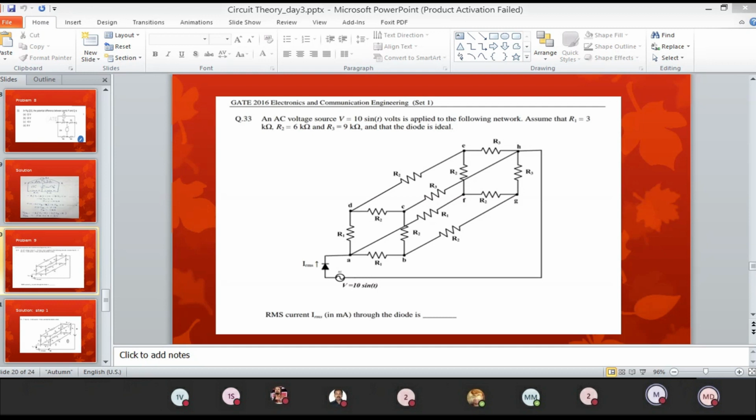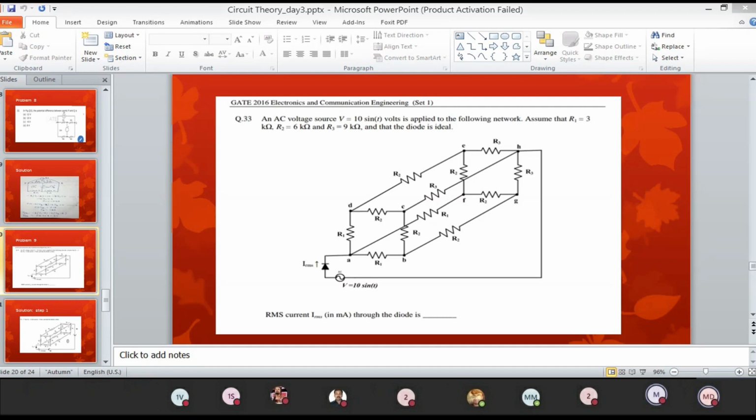So I hope you remember we worked out a cubical resistance problem while analyzing KCL and KVL. Similarly, here also, this is another cubical analysis problem, but at the same time, it has three different resistors. In the previous problem, we had only a single equivalent resistance, so our analysis was very easy.